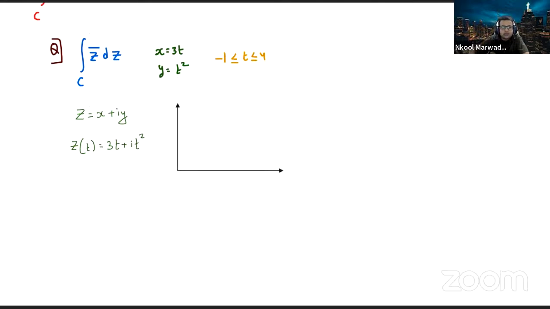So the concept is very simple. Once we get the equation of the contour, we can just substitute two values. So z of 0 will be, when t is 0, the point I will get will be 0 comma 0. Let me extend it to the negative direction.